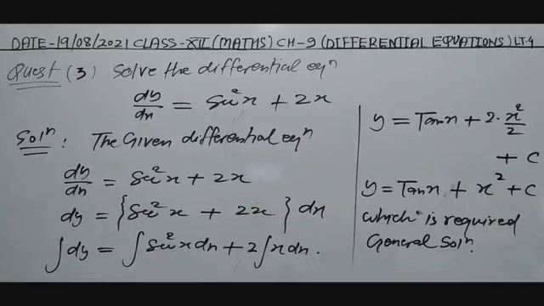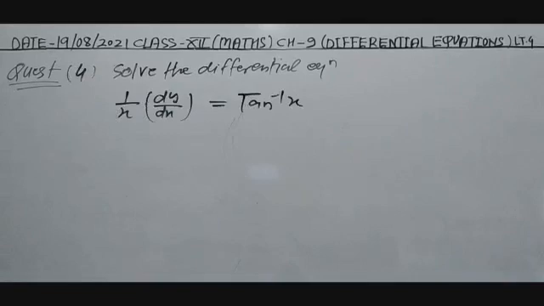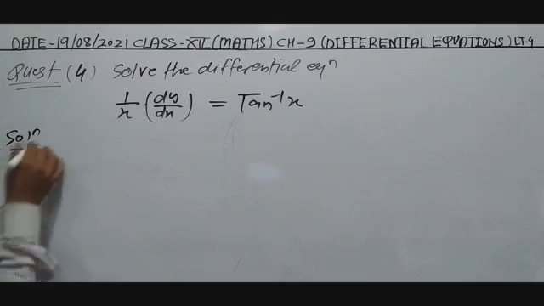Now come to the next question. The next question is question number 4. Question number 4 is solve the differential equation (1/x) dy/dx = tan⁻¹x. So now see the solution.